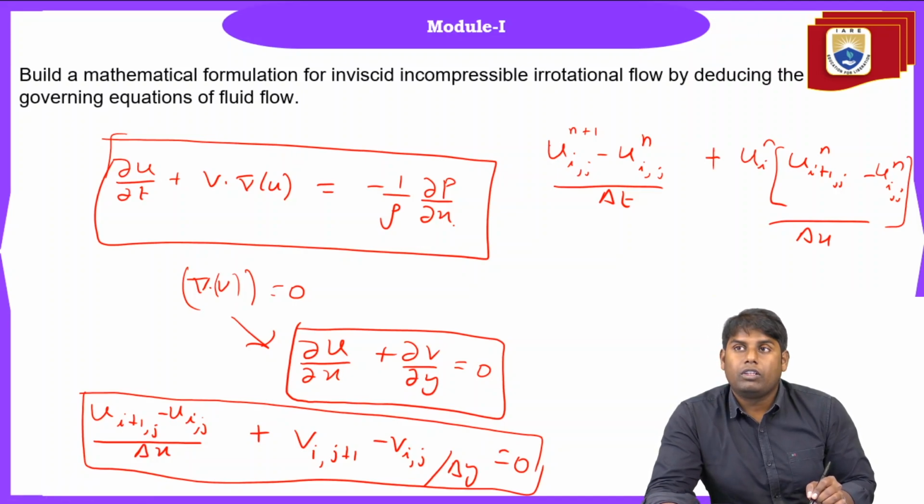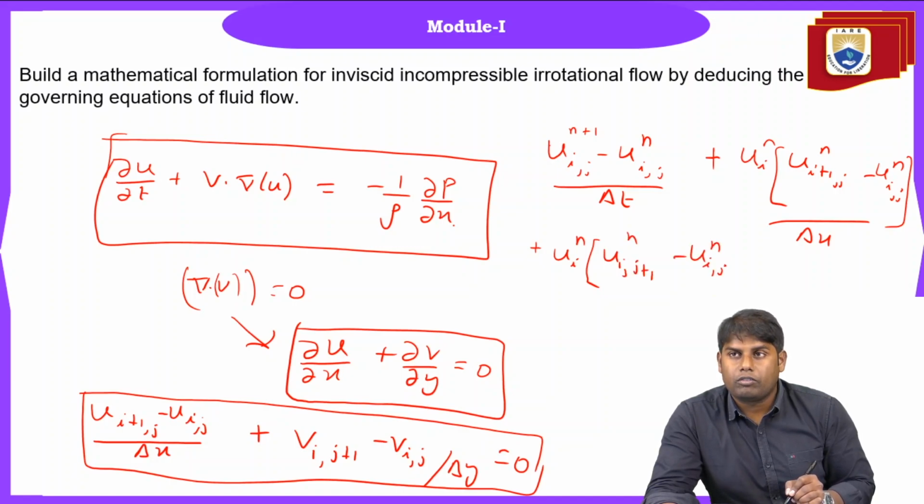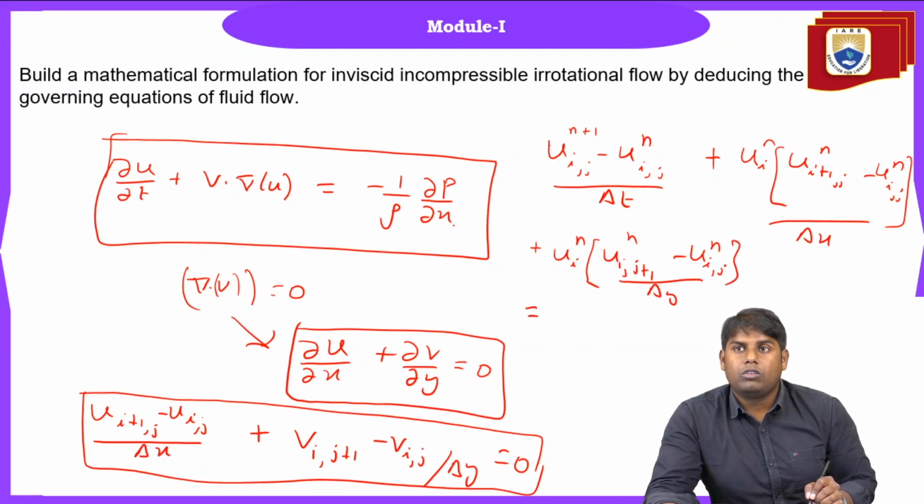Next, we have the other term, which is plus u of i to the power of n into u of i comma j plus 1 to the power of n minus u of i comma j to the power of n divided by delta y, which is equal to minus 1 by rho of i comma j into p of i plus 1 comma j minus p of i comma j divided by delta x.